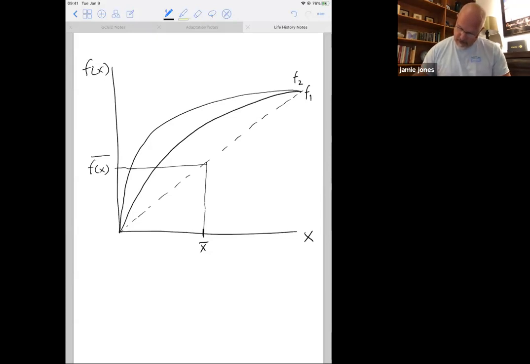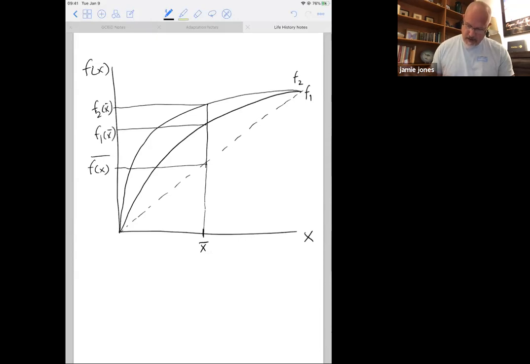However, we can extend this line up a bit and draw these back to the y-axis, so that the fitness of function 2 with respect to the mean outcome is quite a bit higher than fitness 1 with respect to the mean.